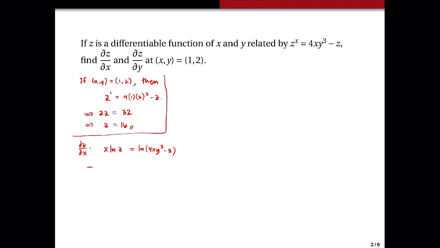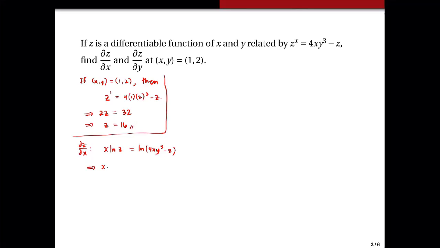So if we now start differentiating with respect to x, for the left-hand side we will have x times the derivative of ln of z with respect to x.